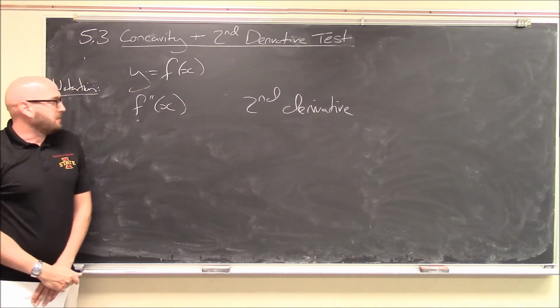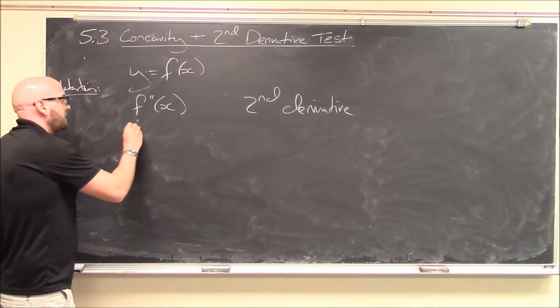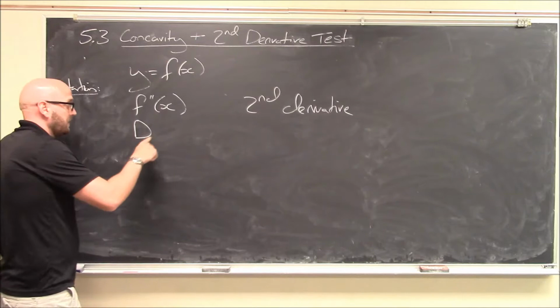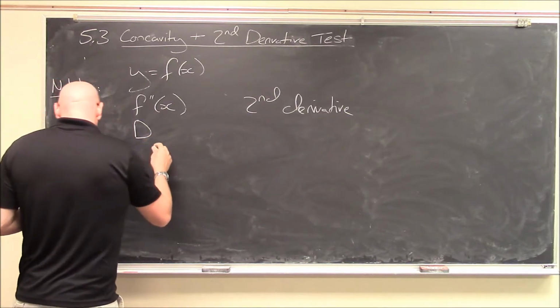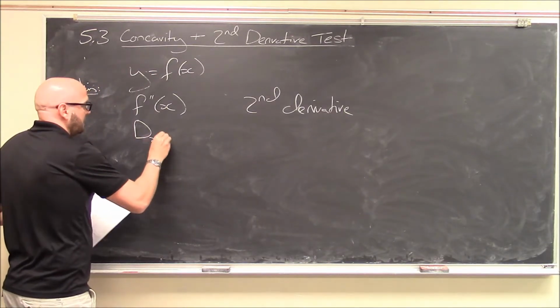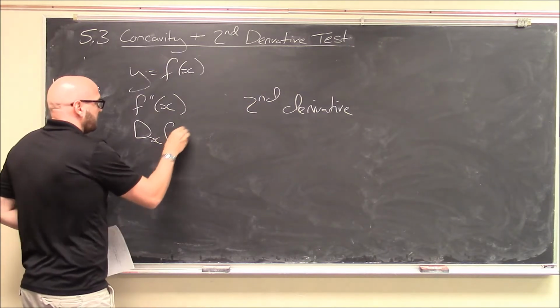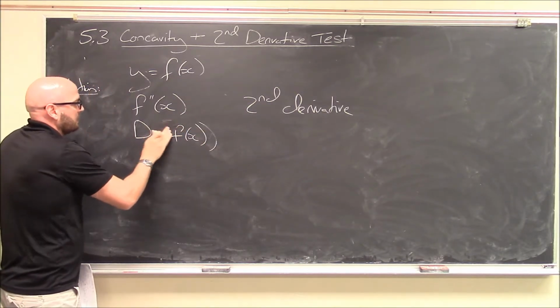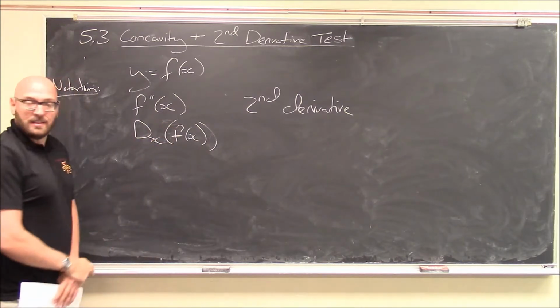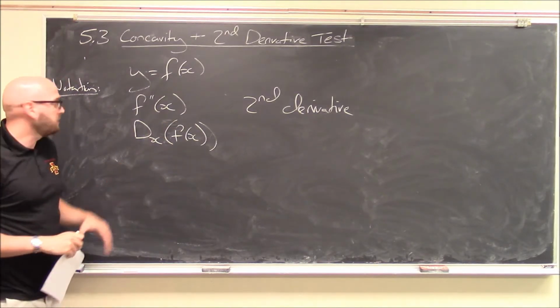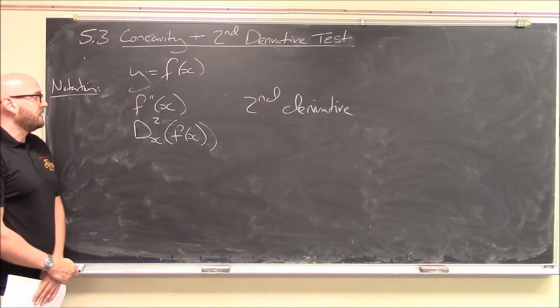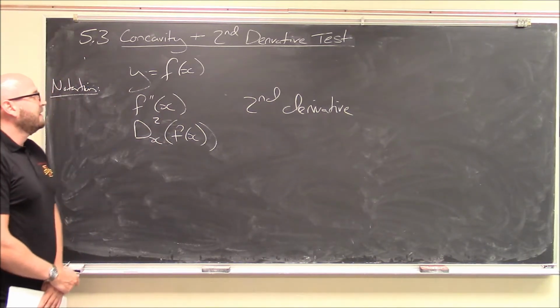Well, what other notation might you see? Here's one I don't often use, but remember when we talked about derivatives originally, sometimes people use a capital D, sometimes with a subscript here, to indicate that I'm differentiating with respect to x. This would be notation for the first derivative. You want to do it twice, just put a 2 up there. So it's the second derivative.